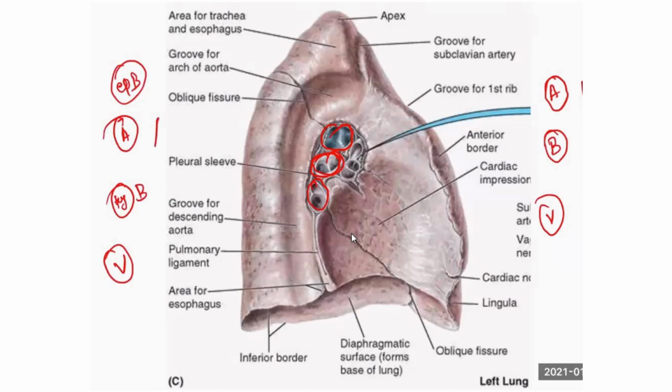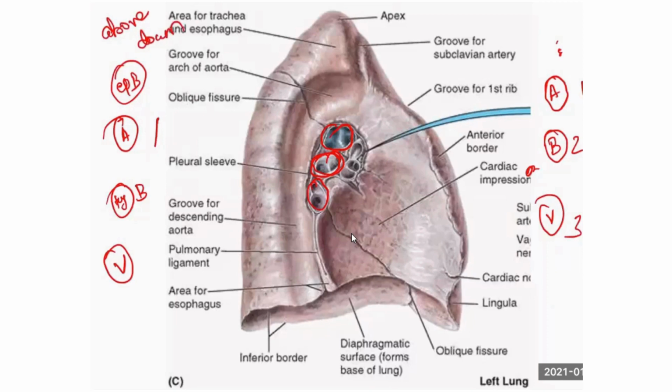Here there are four structures from above downwards. Here how many structures? Three structures.